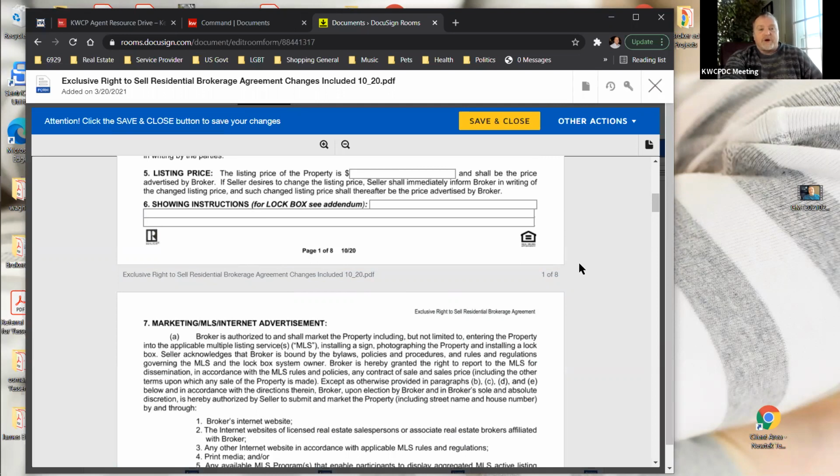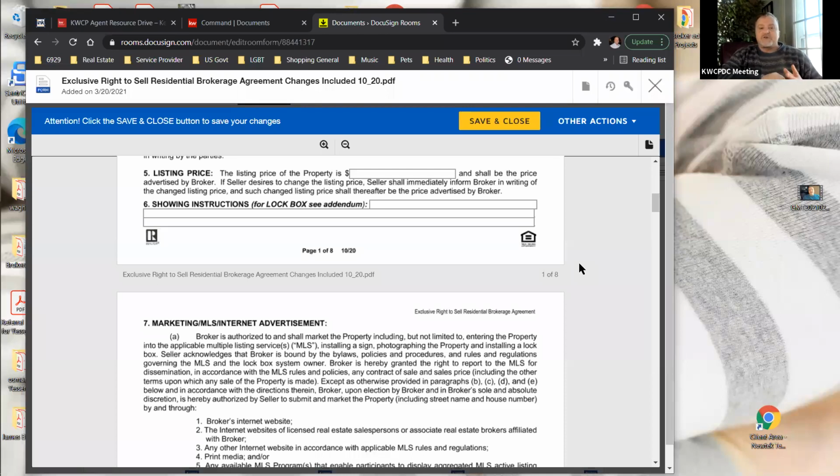All right, so paragraph 6, the showing instructions. If there are any special showing instructions that our seller wants to make sure that we abide by, this is an opportunity for that to be stipulated so that we follow those directions to the letter of whatever they have directed.